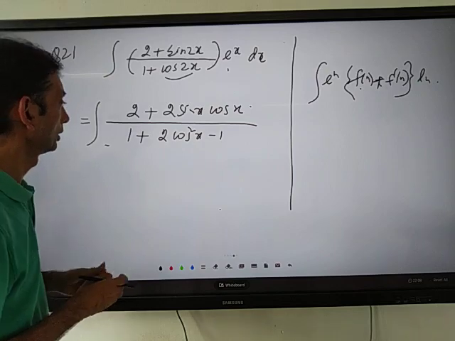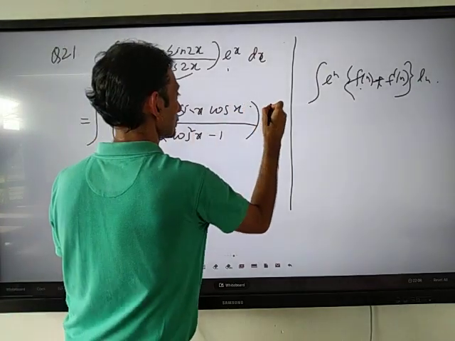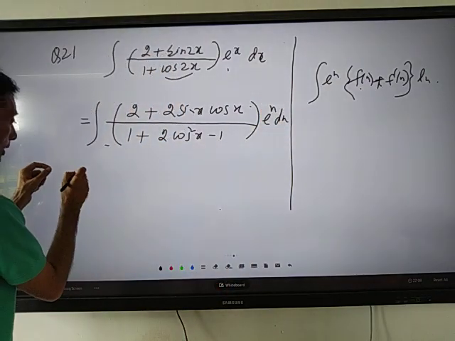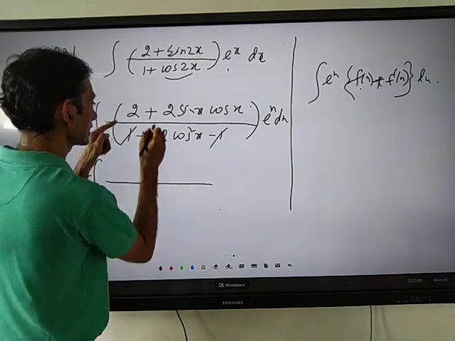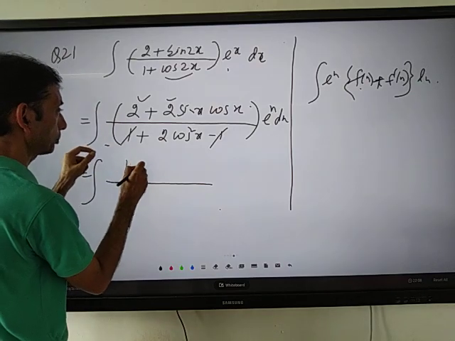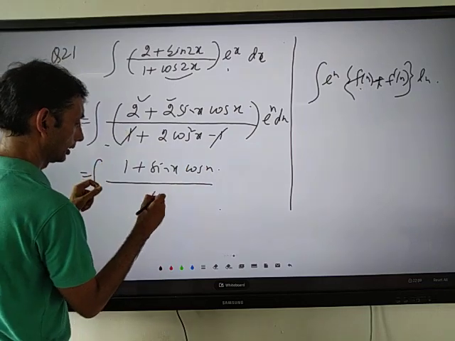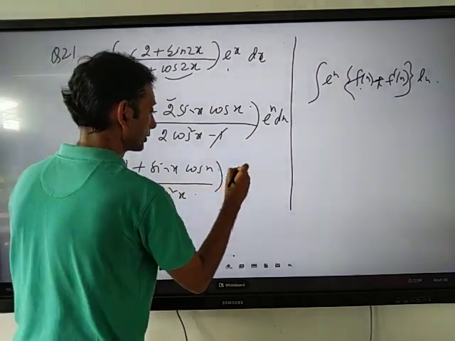And this is e^x dx. If you simplify this, you can cancel 2 from the numerator and the denominator. So it's 1 plus sin x cos x, and the denominator has cos square x, e^x into dx.